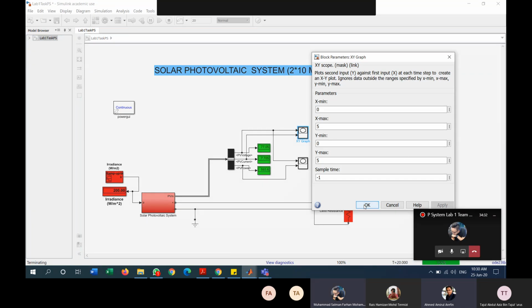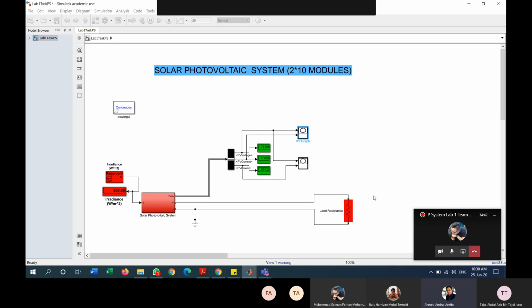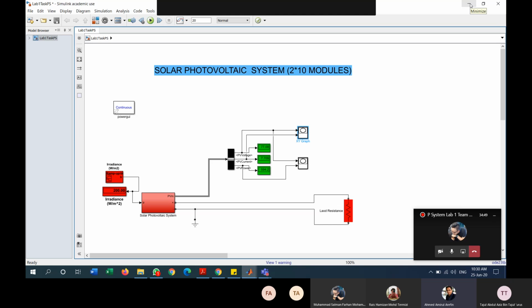Yes. Okay, if you complete it, then can you see the curves? Have you seen the curves? Yes, I can see a graph.